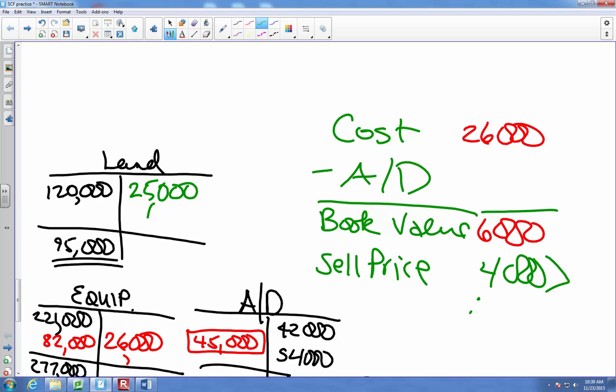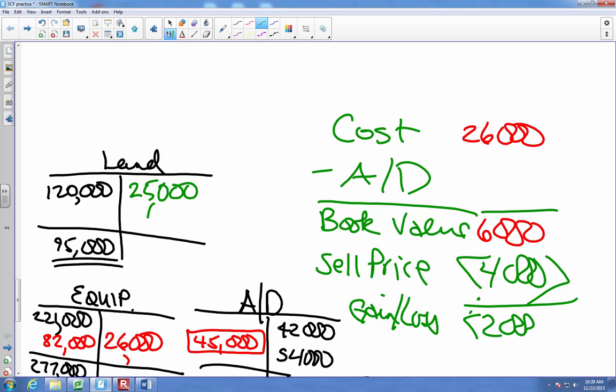And the difference between book value and selling price is always your what? Gain or loss. So let's see if this makes sense. Did I have a gain or a loss? Looks like I have a loss. And does that tie to my P&L? Yeah, so that all works.